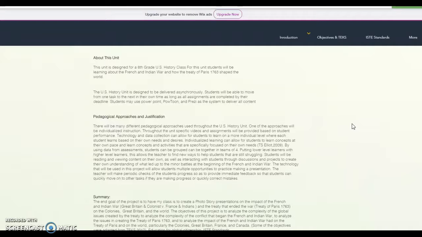Pedagogical approaches and justifications. I'm not going to read the whole paragraph, but basically I'm going to break them down into teams of 4. As they finish, they can move on to the next level.